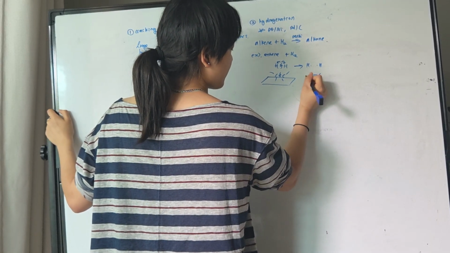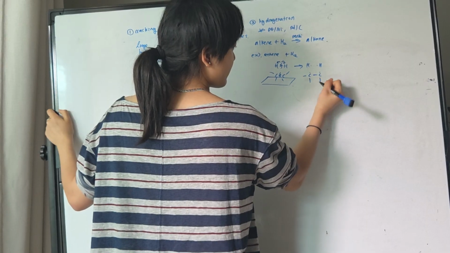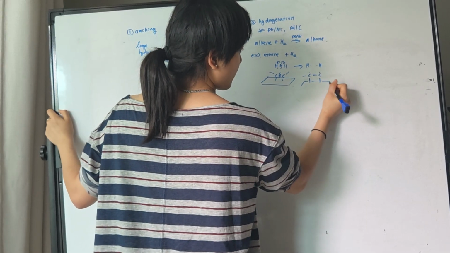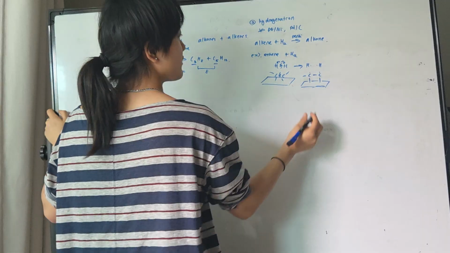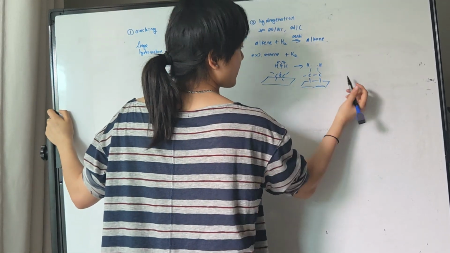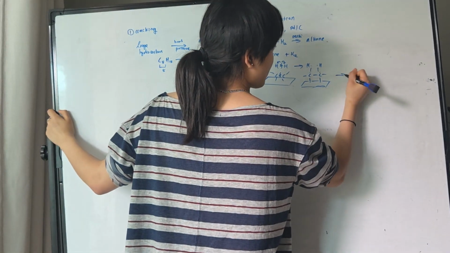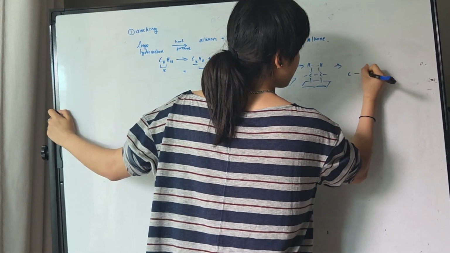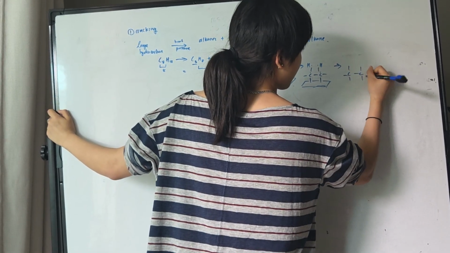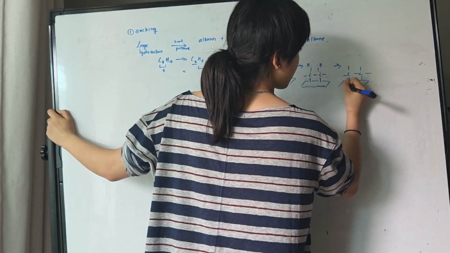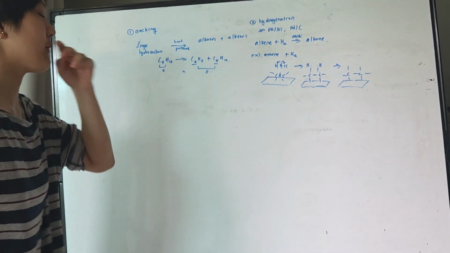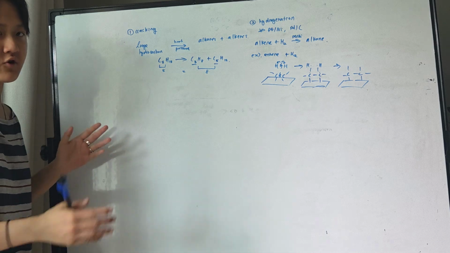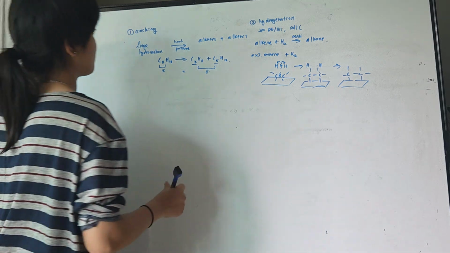And at the same time, this happens, where the carbons also become radicals. And these two bond to each other, which makes an alkane, like this. So that's the process of alkanes being made. Those are the two main production processes you need to know.